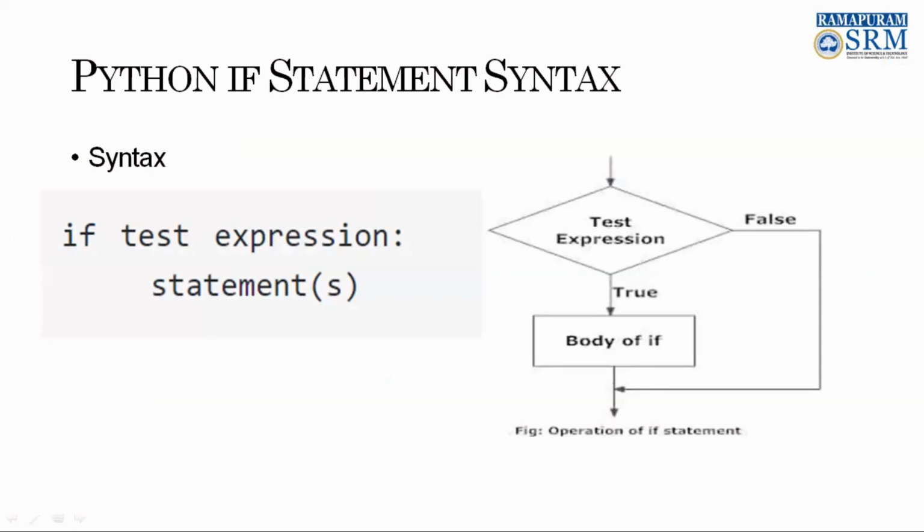The colon represents a block of code. The tab space, called the indent space, tells us a block of code. If you want to give multiple true statements, the tab space is enough. Once you remove the tab space and start at the beginning, it is considered outside the if statement.